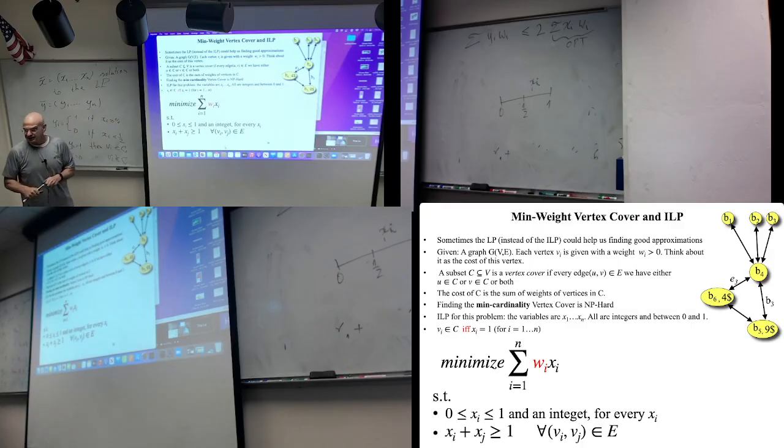But that's less exciting. What I need to really justify to you is who said that this rule, that I am picking a vertex only if its yi is larger than half. How do I know that it's a vertex cover? Help?